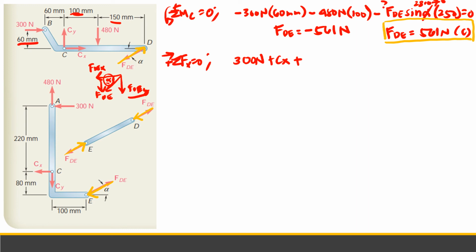So X component ng FDE is 561 multiplied by cosine alpha, which is 28.07 degrees, equals 0.